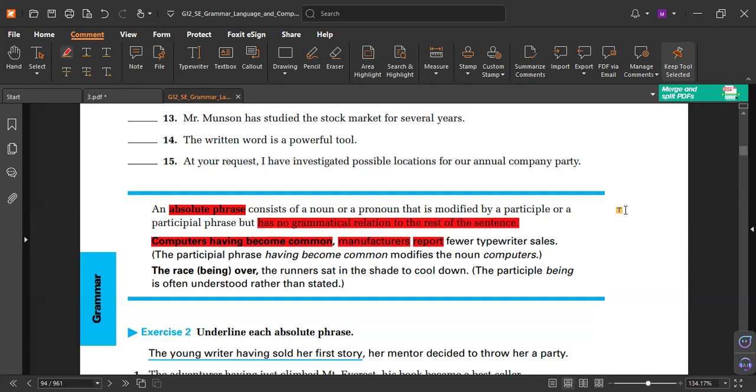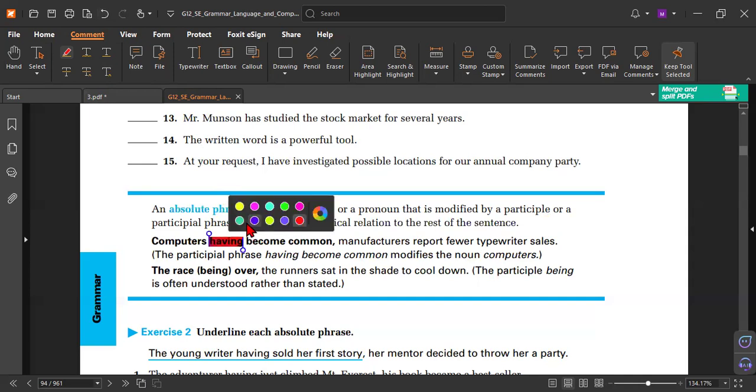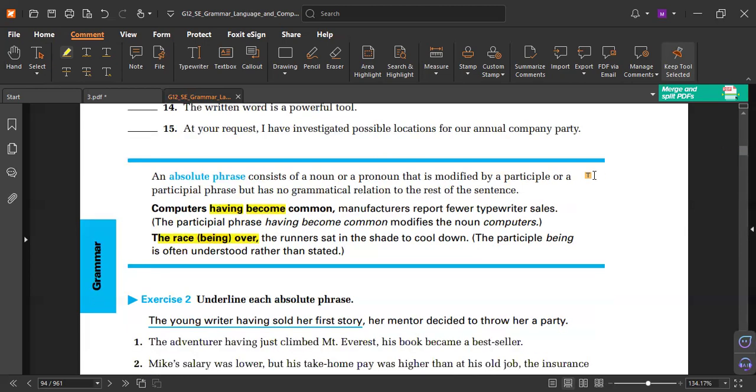That is the point. How can I know the absolute phrase? We know it when we have having plus past participle, or when I find being in the phrase like that. Remember something to help you find it easily.